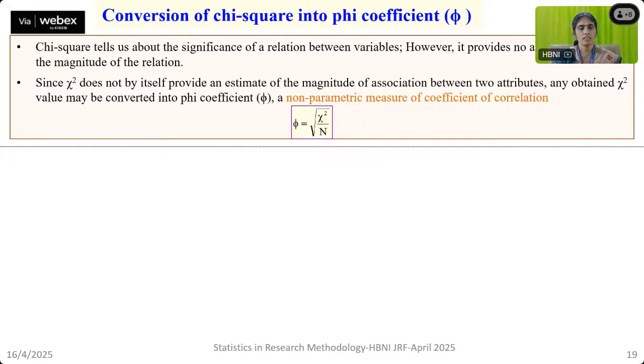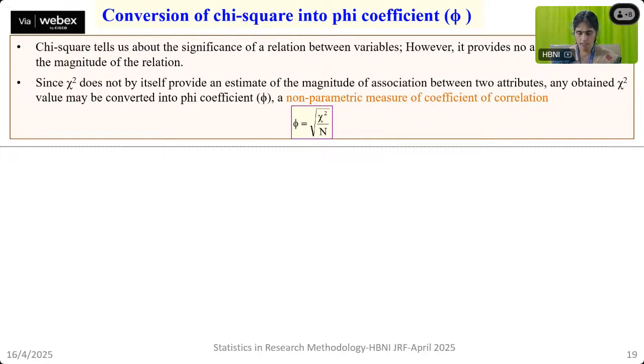So it cannot by itself provide an estimate of the magnitude of the association or the disagreement or the goodness of it between two such data points. What we do is we normalize it with the number of data points and convert the chi-square data into another function called the phi function. Okay, this function will have a better idea regarding the magnitude of the correlation.